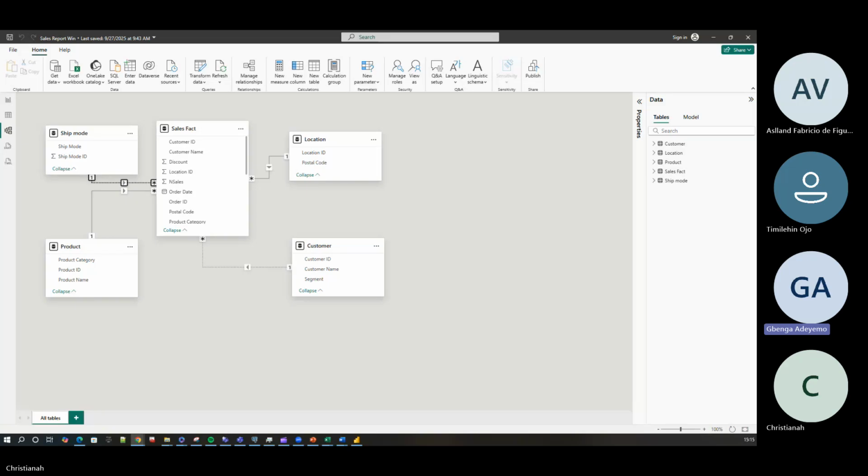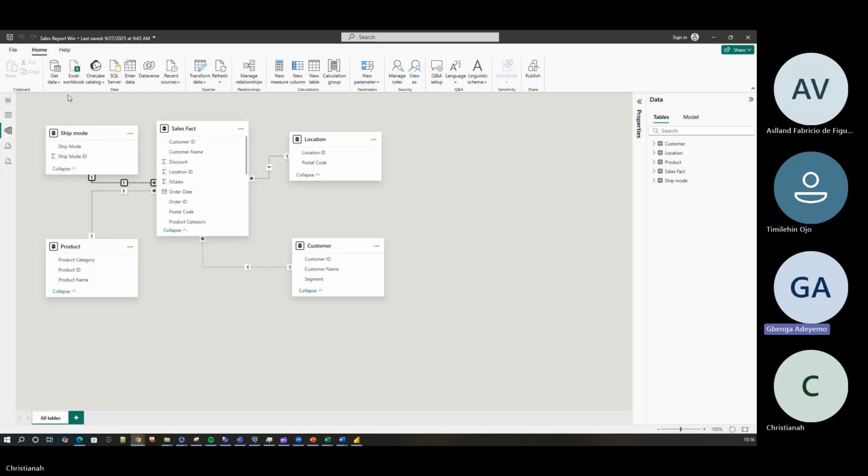Even if it's just one duplicate that happened, it will not be one cardinality again. But the moment all the IDs that are used to connect to another table are showing one, and it is a dimension table, and it is the primary key for that table, then you will see one cardinality there.